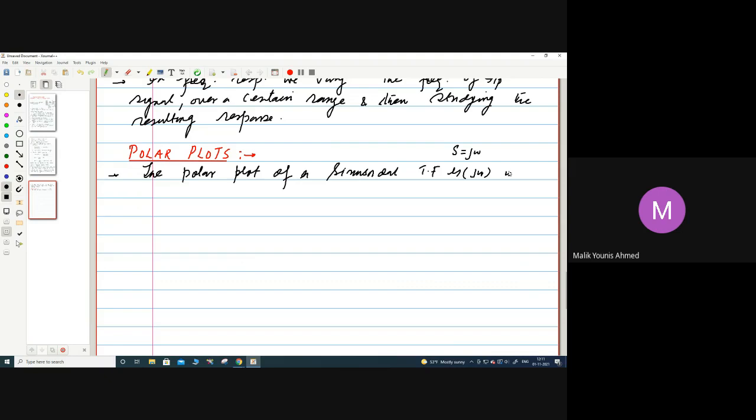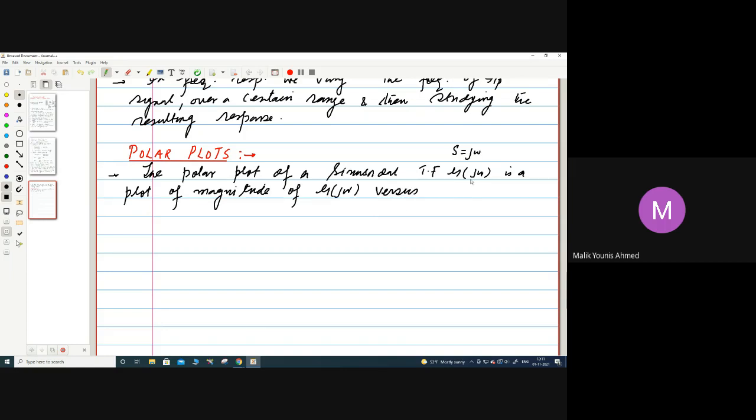It is a plot of the magnitude of G of j omega, the magnitude of the transfer function. We have to take the magnitude of the sinusoidal transfer function versus what?